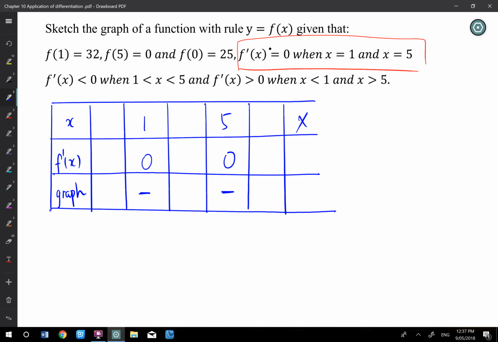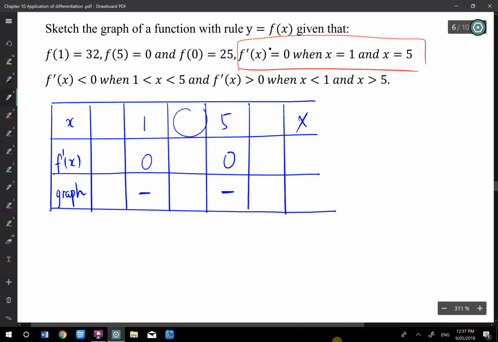But what I know now is f dash x is less than 0 when x is in between 1 and 5. Any number in between 1 and 5, we have something negative. Minus ve, I'll say negative here.